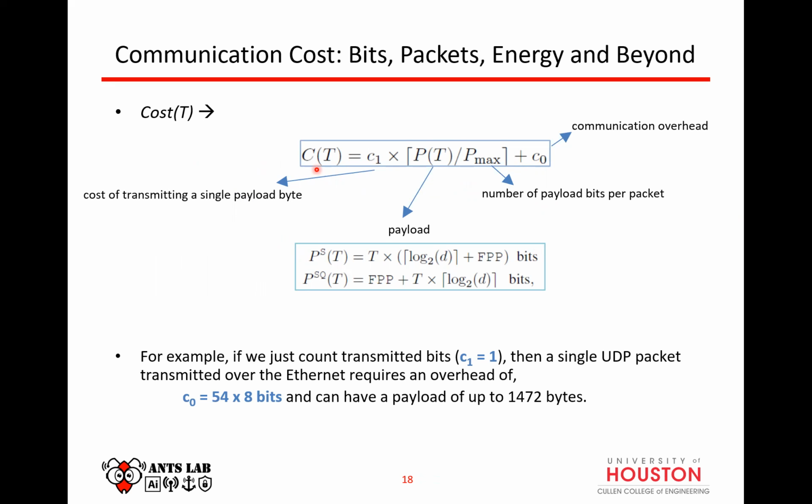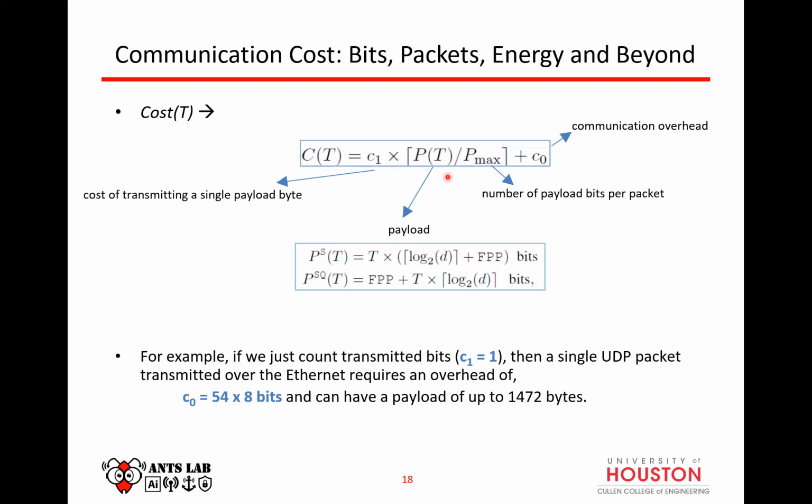Not a lot of people try to highlight this part, but they highlight that your communication cost consists of both your information, that is the payload part, as well as your communication overhead part. Here, C1 is the cost of transmitting one single payload byte. P of T is your payload, Pmax is the number of payload bits per packet, and C0 is the communication overhead that can be measured.